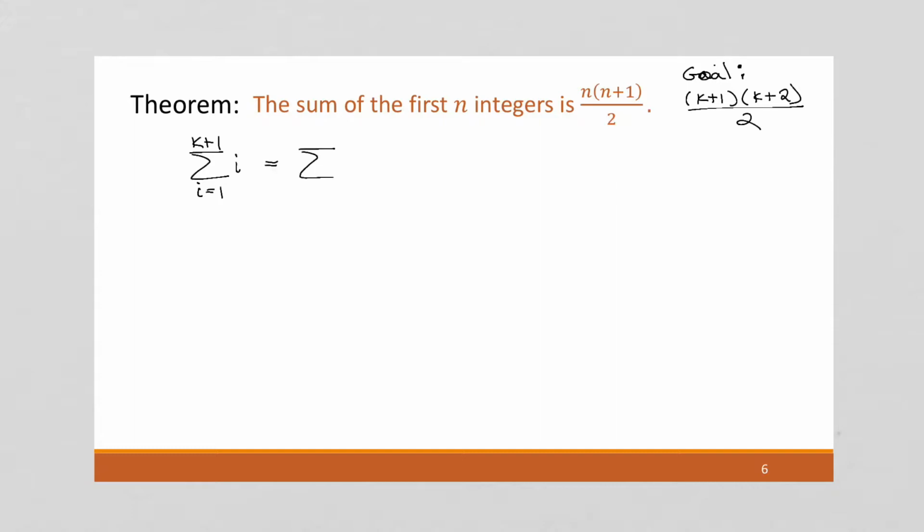So I'm going to split off the last term. And that last term was going to be K plus 1. And again, if this is a little confusing, try expanding our original summation, and hopefully this will make a bit more sense. This is by pulling off the last term.